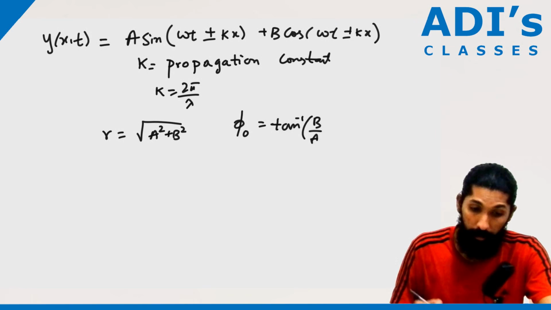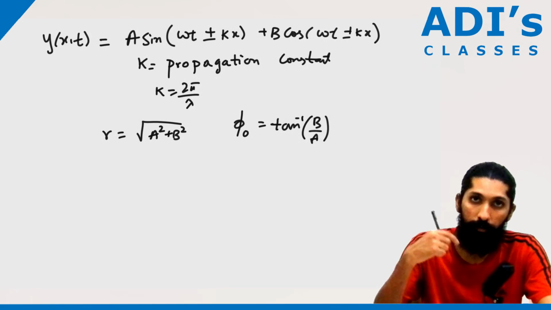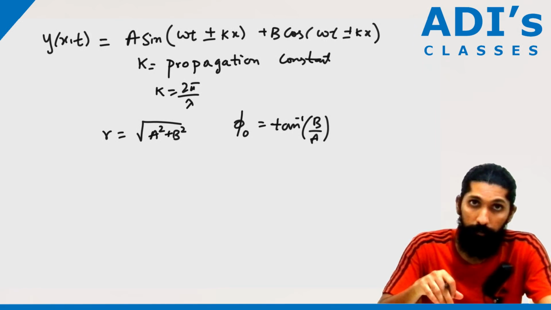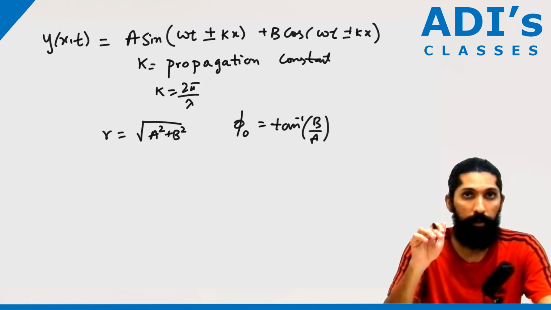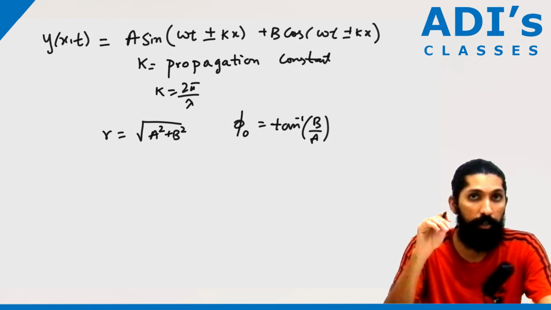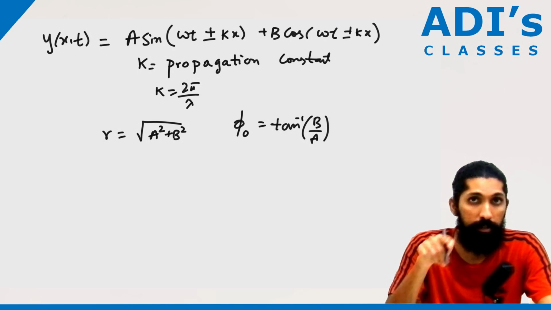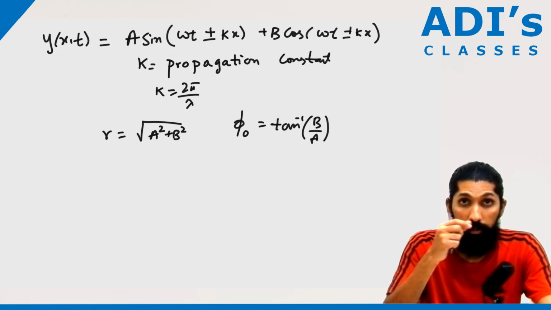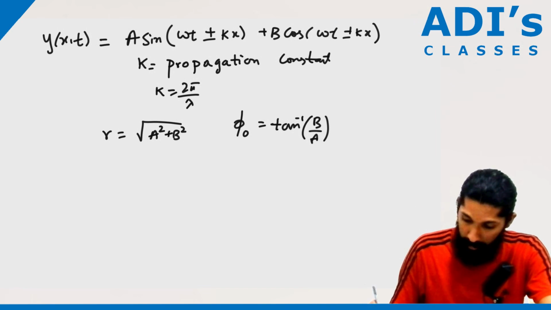Fair enough? Now, a longitudinal wave can also be described as SHM. In a longitudinal wave, the direction of the displacement of the particle and the direction of propagation are the same. In other words, they are parallel to each other. Since they are parallel, the equation changes.